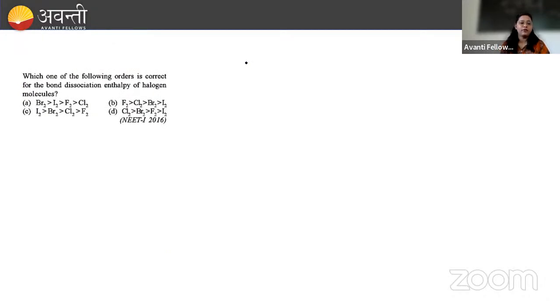Which one of the following order is correct for the bond dissociation enthalpy of halogen molecule? So here we need to talk about the bond dissociation enthalpy for halogen molecule. So you know the order of bond dissociation enthalpy for all the halogens is what? Cl2 और Br2 और F2 और I2.